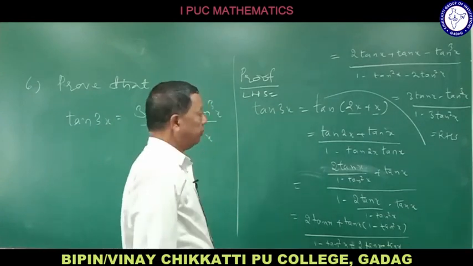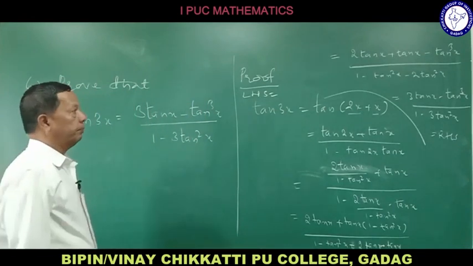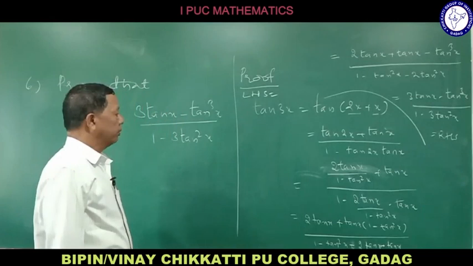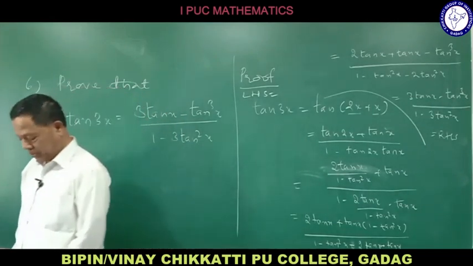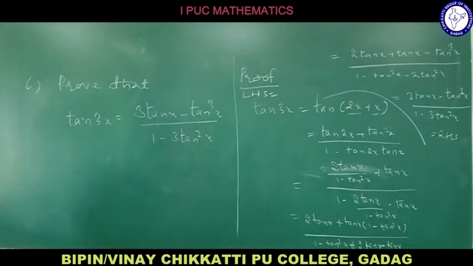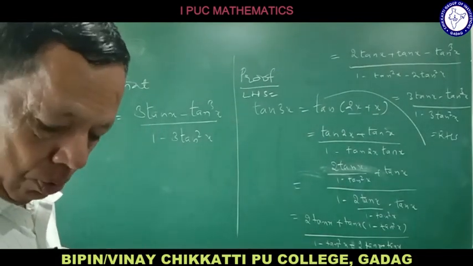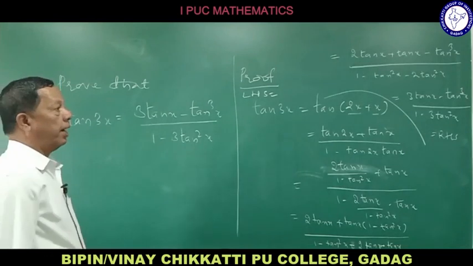So far we used multiple angles, and I hope you understood how tan 3x can be proved: 3 tan x minus tan cube x divided by 1 minus 3 tan square x. So there is no need of proving sec of 3x, cosec of 3x, cot of 3x. Only sin 3x, cos 3x and tan 3x.